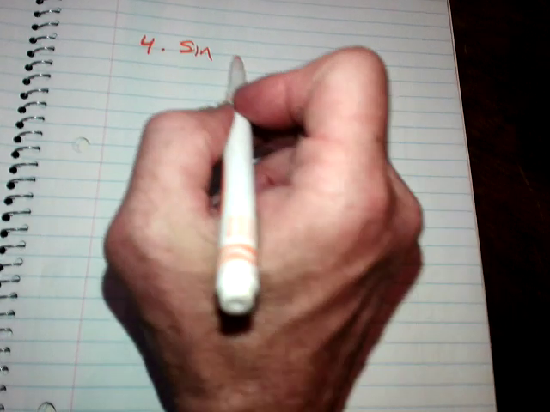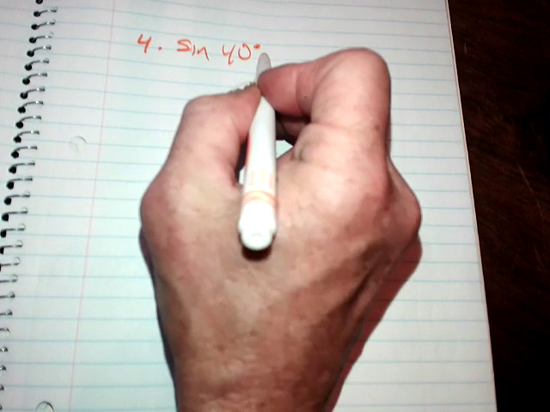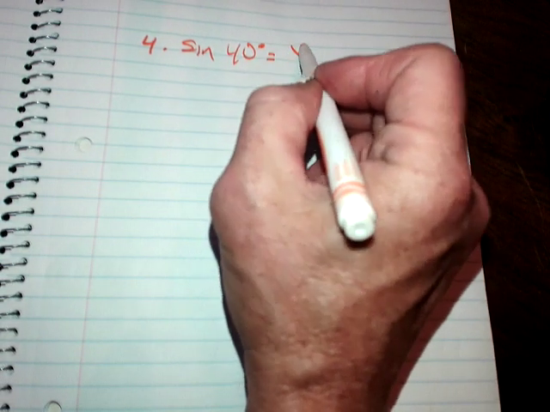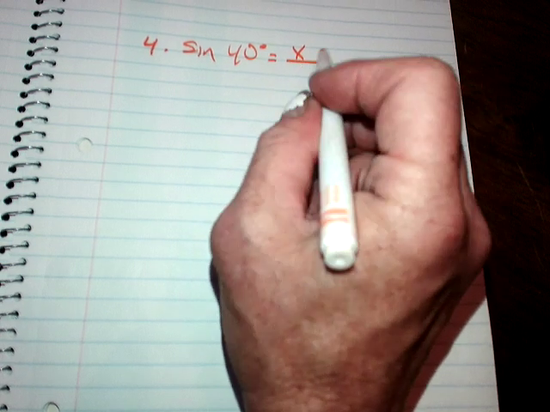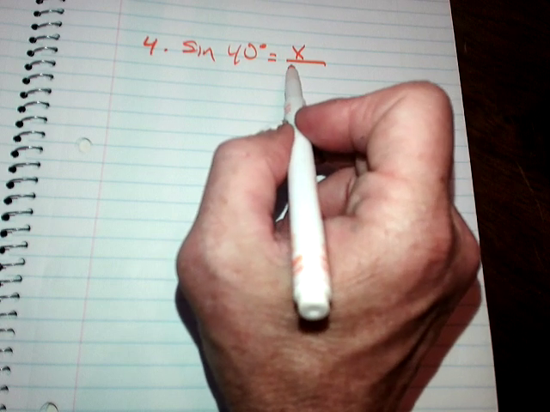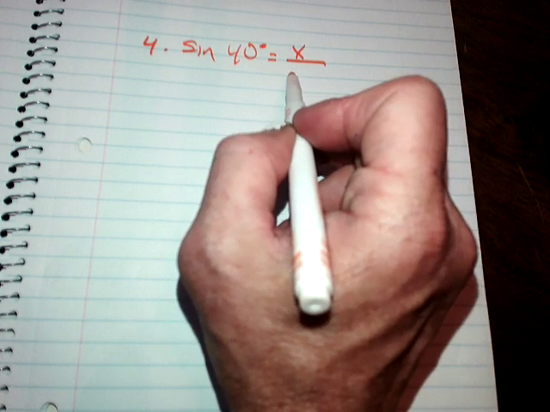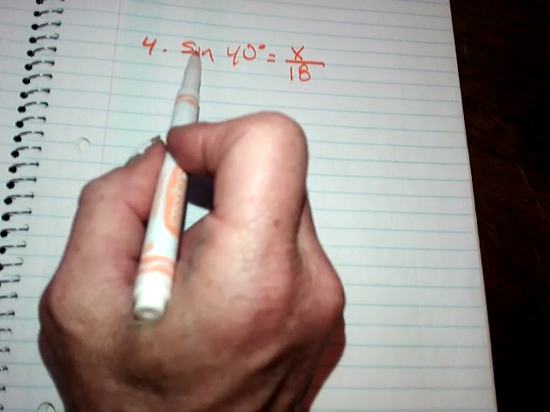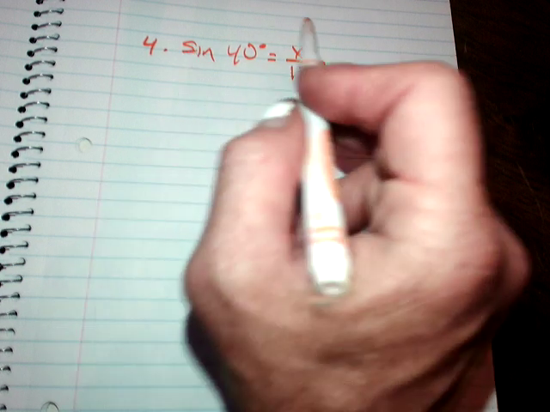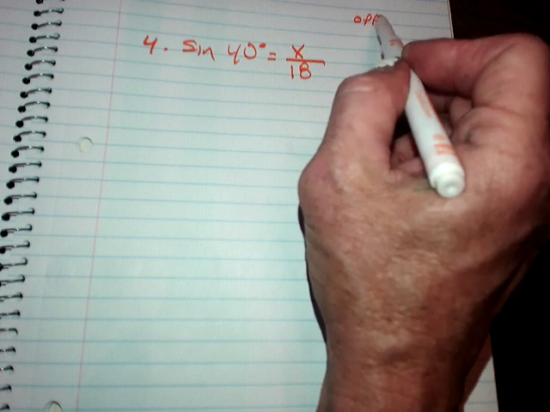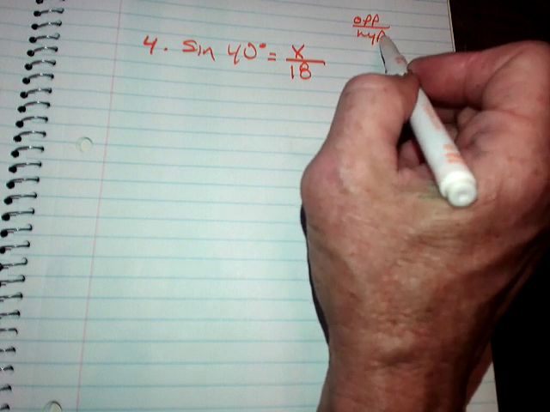4 and 5. 4 says, what is the sine of a 40-degree angle? Because we know that it's some side over the hypotenuse, which is 18. So remember that the sine is the opposite side over the hypotenuse.